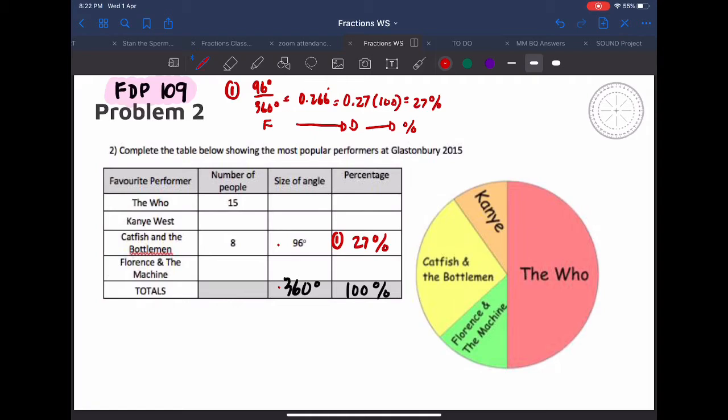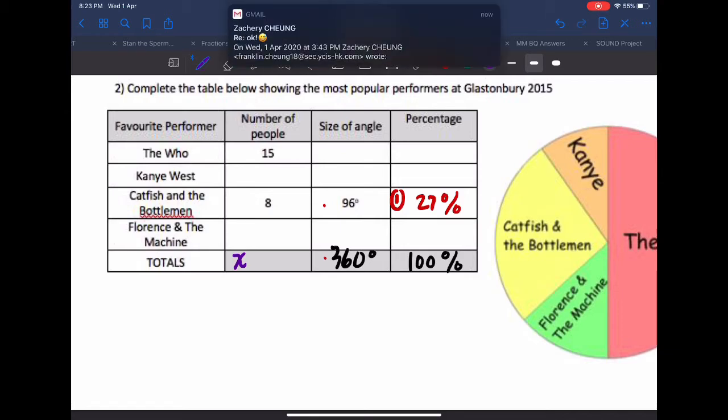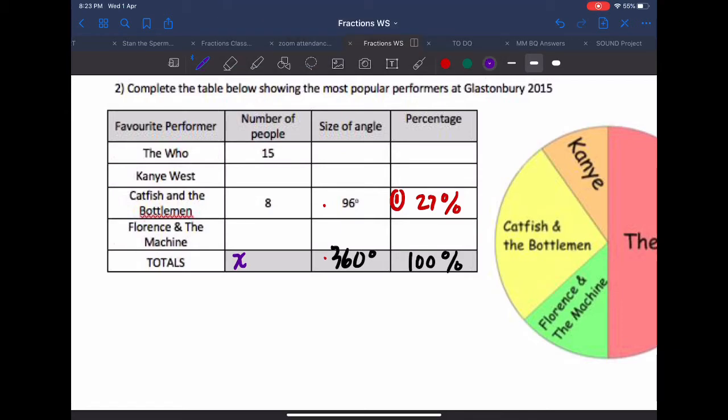Now, since we know that 8 is 27% of this number, we can now solve it. We need to do a little algebra. So first thing, we need to give this a variable. Why? Because we don't know what it is. We don't know the total number of people.